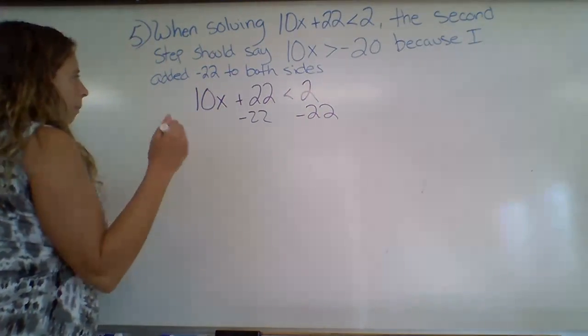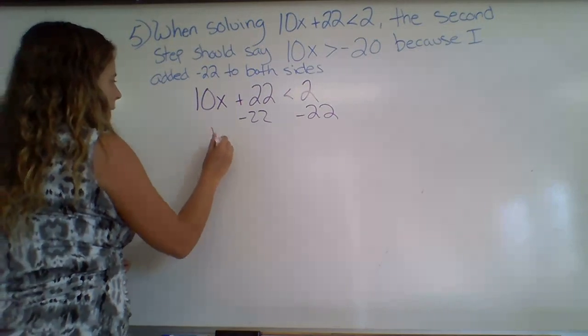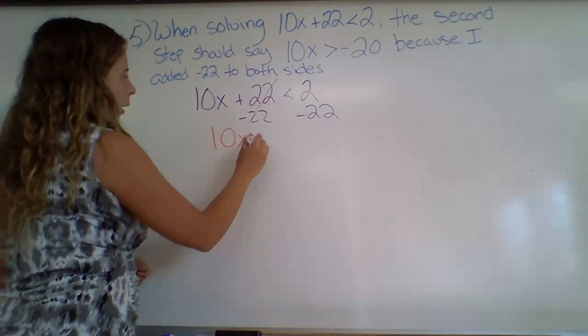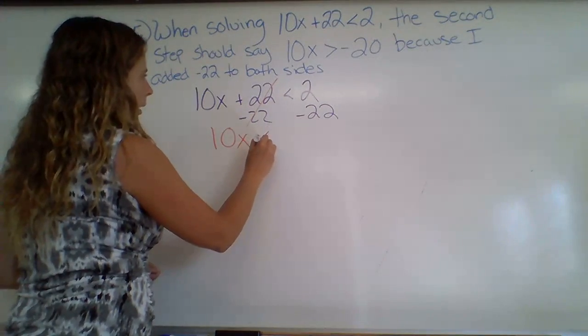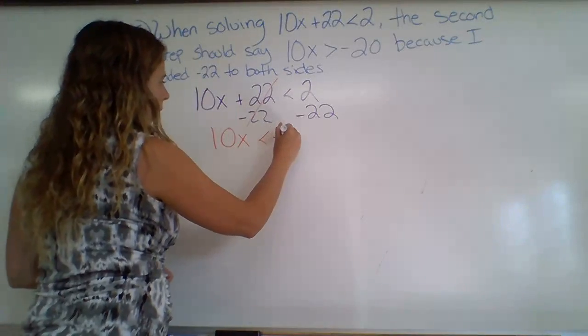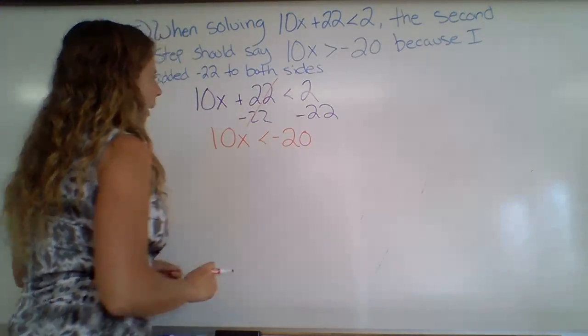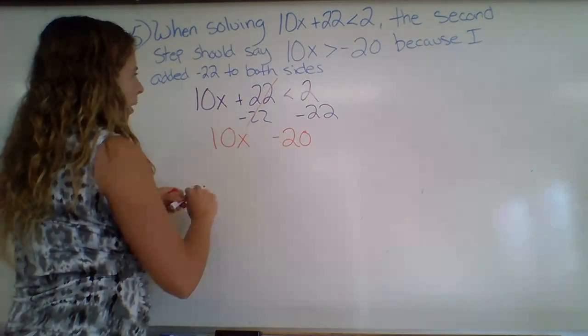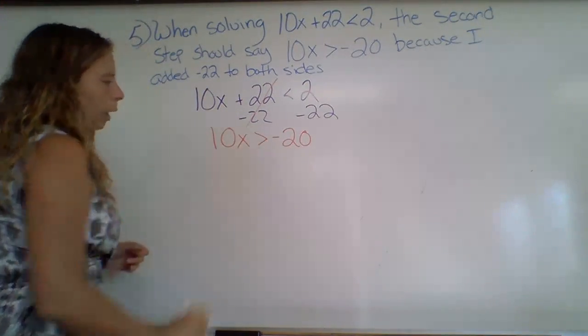Okay, so then just rewrite your 10x. 22 minus 22 is 0. And then less than 2 minus 22 is -20. Okay, they're saying that I should flip my sign. And it should look like that.